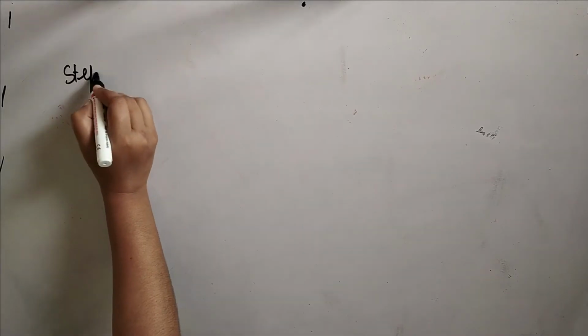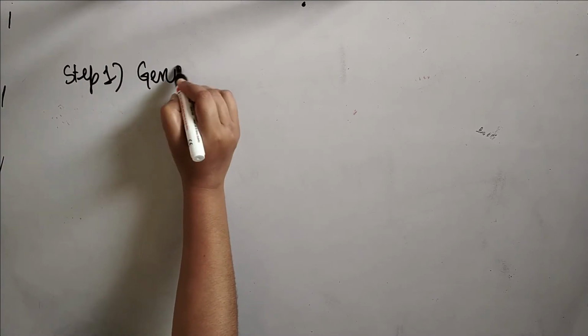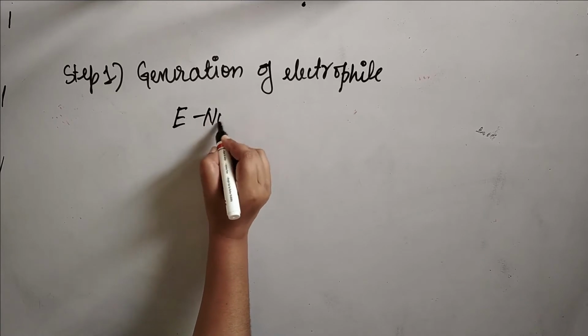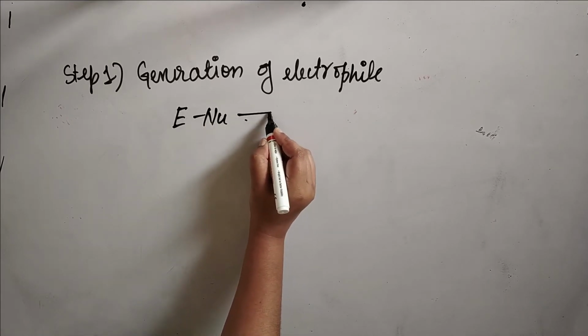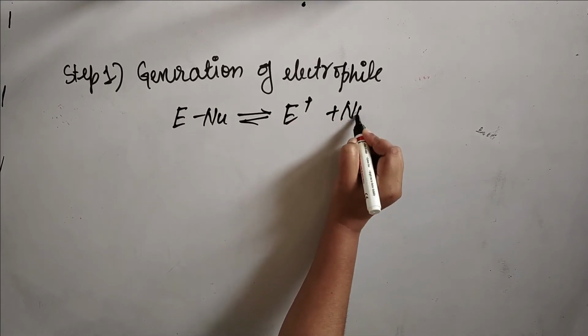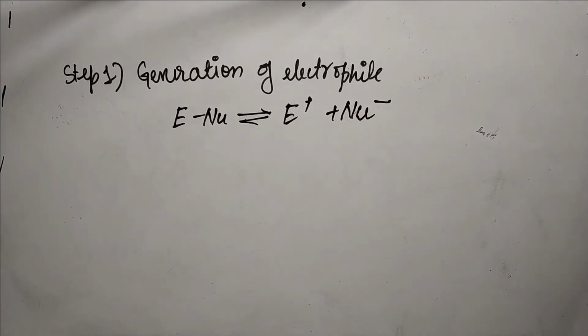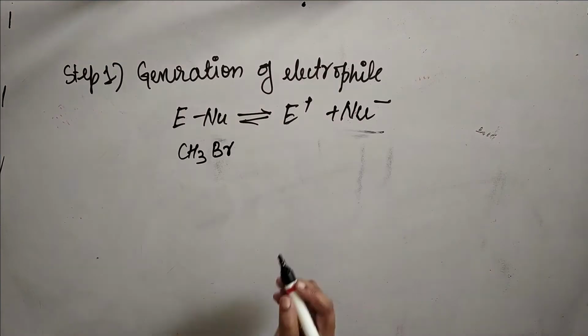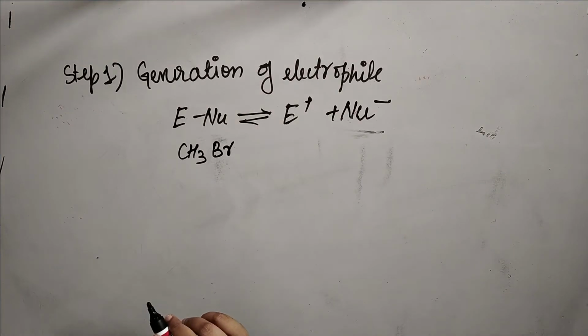Step number 1 is generation of electrophile. Here the compound splits into electrophile and nucleophile. This is the generation of electrophile and nucleophile, meaning simply the spontaneous dissociation into electrophile and nucleophile. Let's see one example of how the spontaneous dissociation occurs.